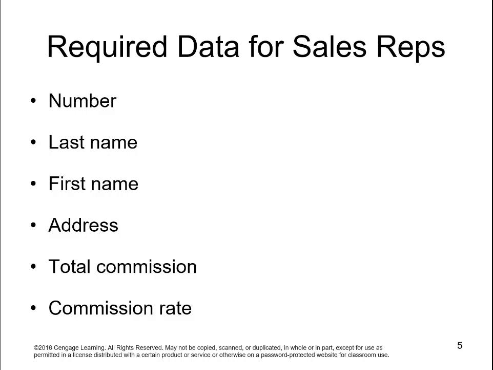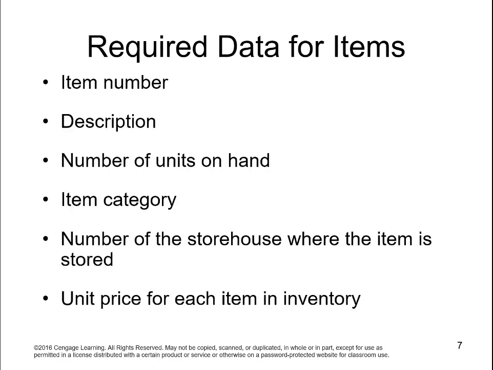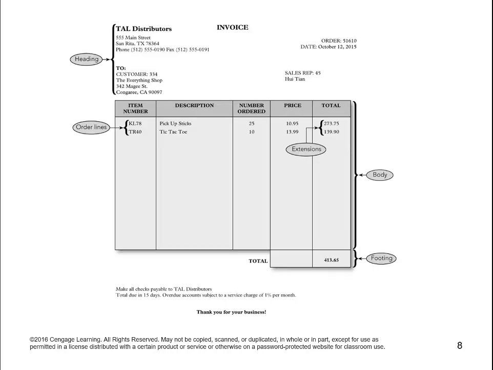In the TAL distributors, there are a bunch of categories, and one of them is the sales rep. This is what you would see in the sales rep category for TAL distributors. This is more data requirements for customers, and required data for items. But let's take a look at this real quick. This kind of looks like an invoice. It's a form of a report.